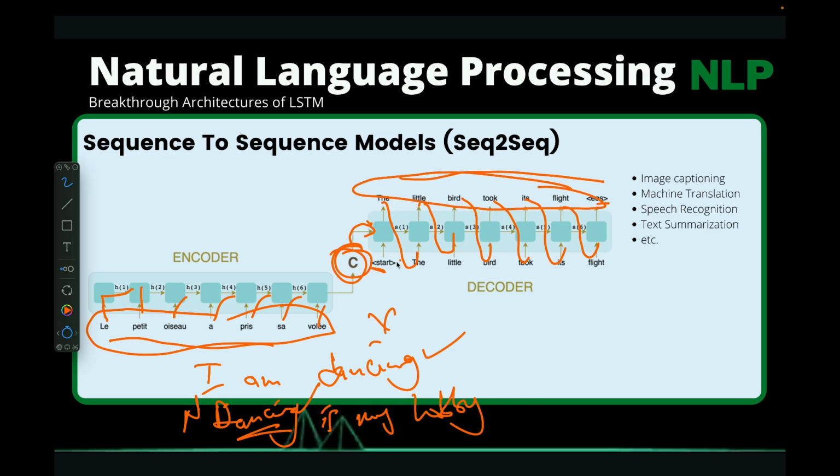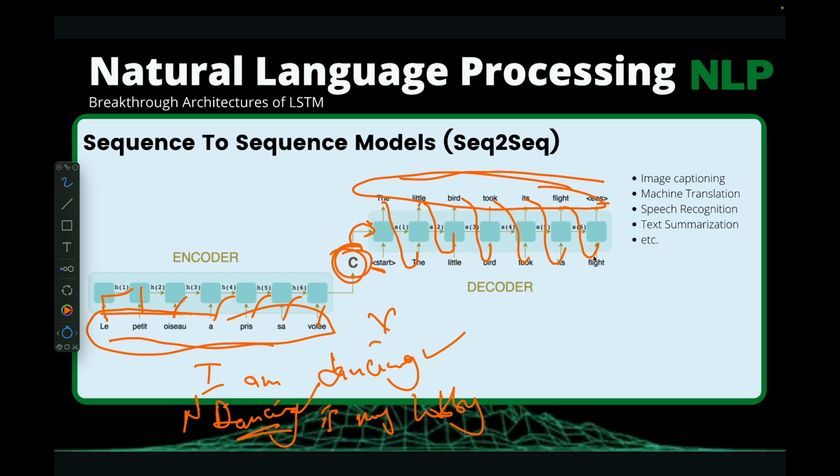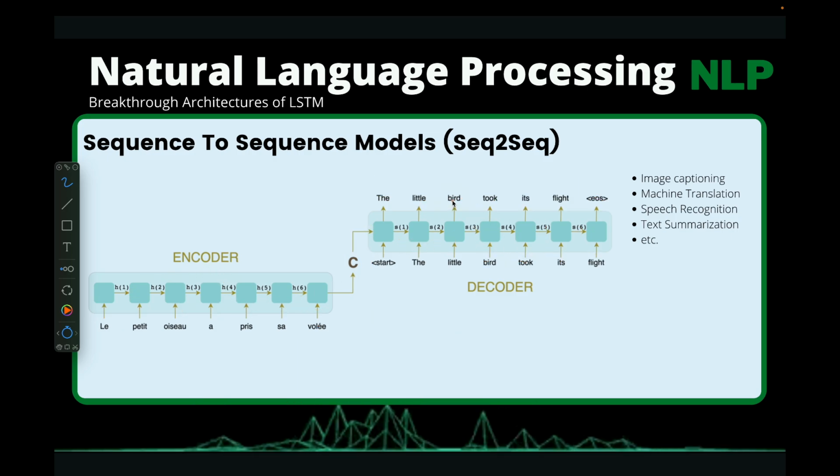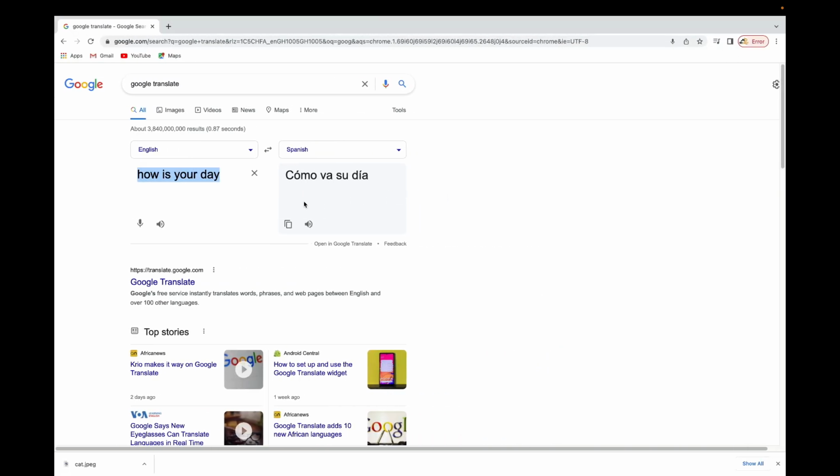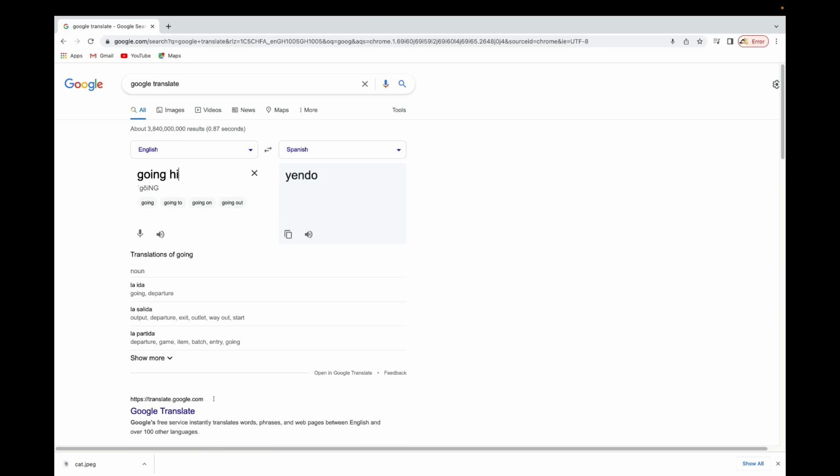Okay, all right, so it's not that this one here is supposed to have the same length as this one. I mean, you can have short length over here and then long length. You can see an example over here in Google Translate. The length is not supposed to be the same. Here we have 1 2 3 4, here we have 1 2 3 4. But it's also possible that you can have, let me try something, "going home".